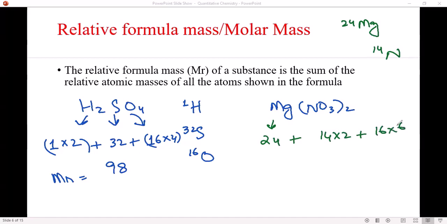When you solve this using a calculator, you will get 148 gram per mole. Now, guys, do try to find the Mr of ammonium sulfate. Then you can share it in the comment section, okay, guys?